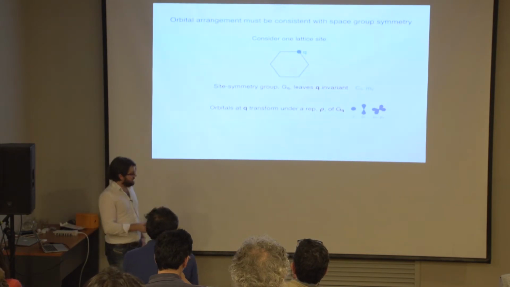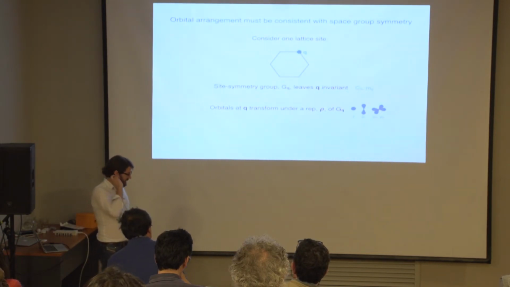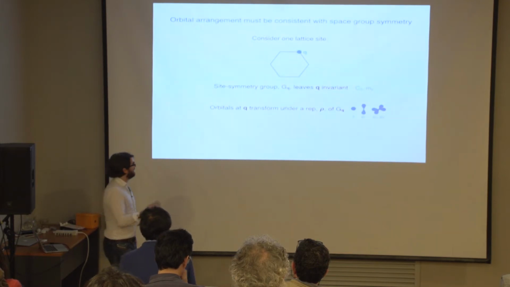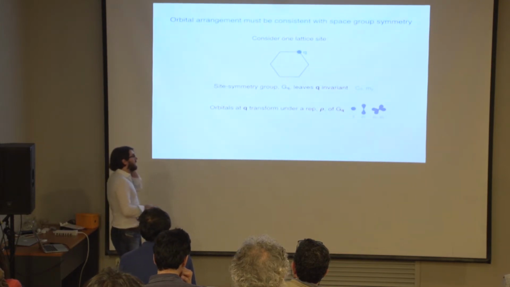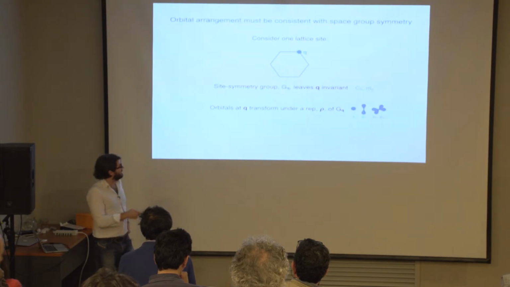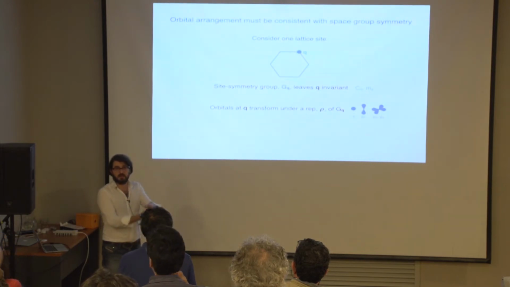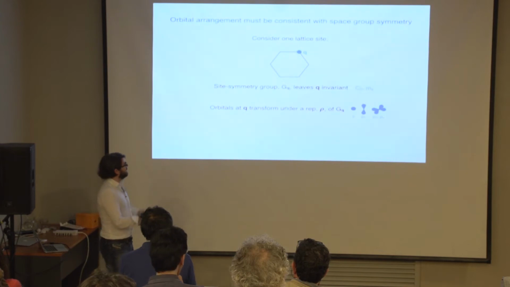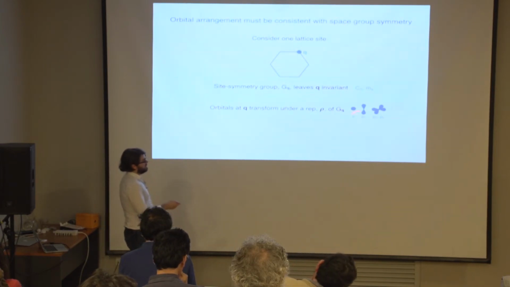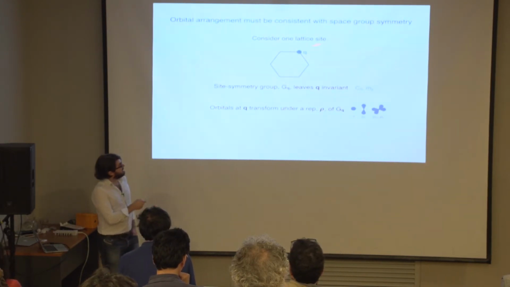So all the orbitals that you get under the full rotation group can be classified under the site symmetry group, and then you get the splittings, for example, of d orbitals in certain environments. Here, pz and px, py, for example.